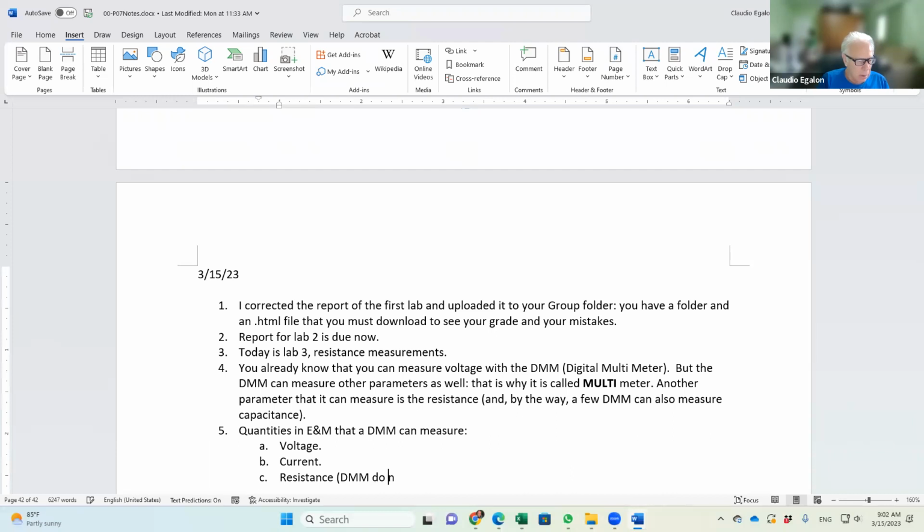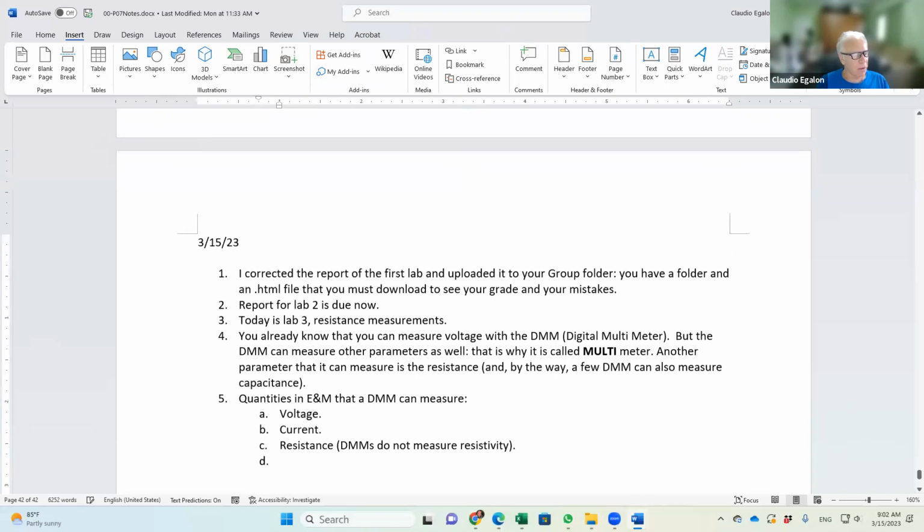DMMs do not measure resistivity. Voltage, current, resistance, capacitance. A few DMMs, not everyone, can measure capacitance.